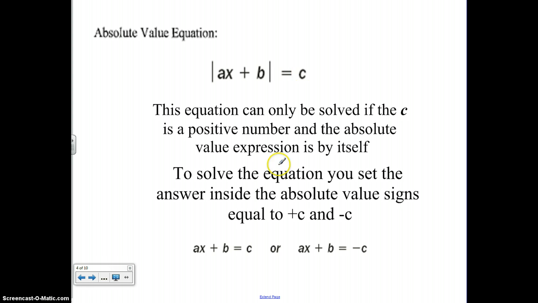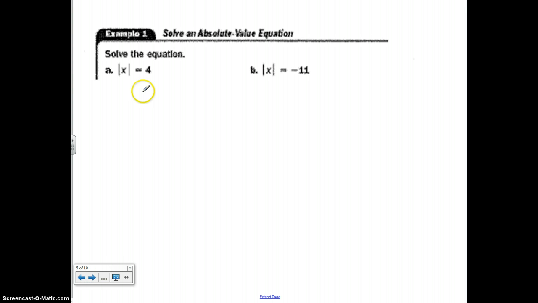So let's look at example 1. What we want to figure out is, what can I put in place of x whose distance from 0 is 4? Well, the absolute value of 4 is 4, so I know that x can equal 4.